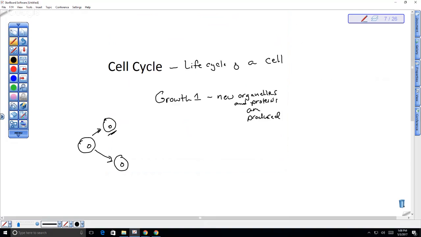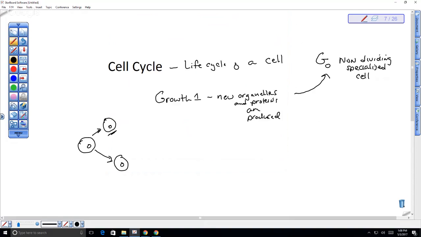Okay. Now this cell that we've just produced could then become specialized. And if it's specialized, it leaves the cycle and it goes to G sub 0. So G sub 0 is a non-dividing specialized cell. So let's say this is a neuron.